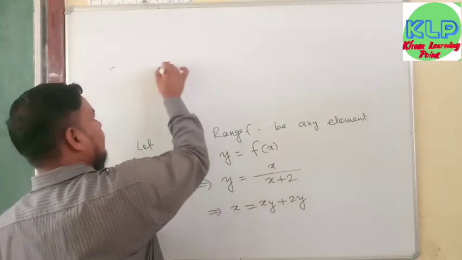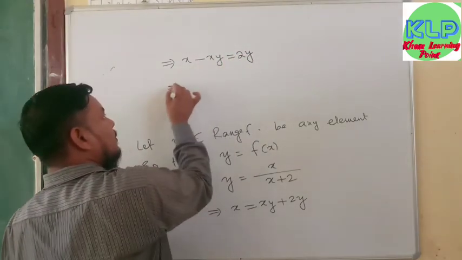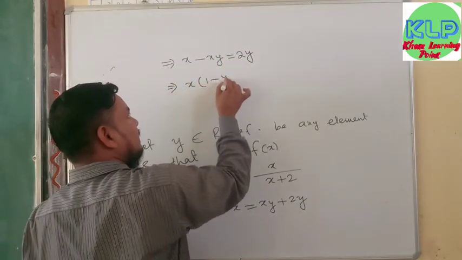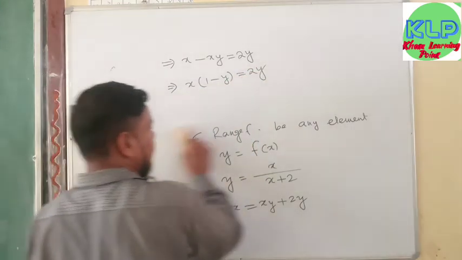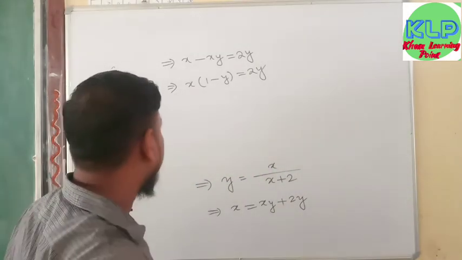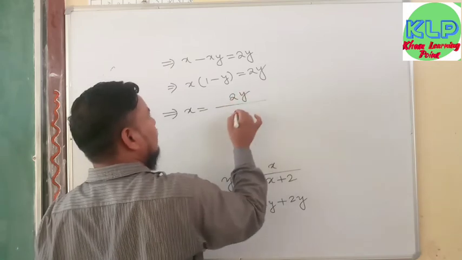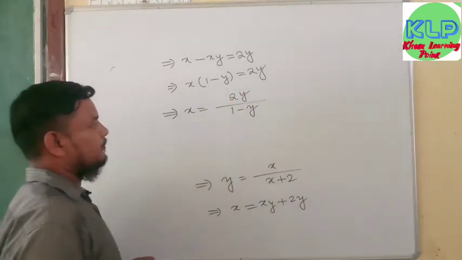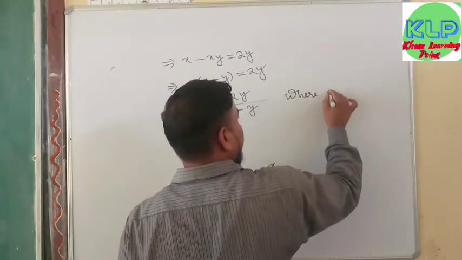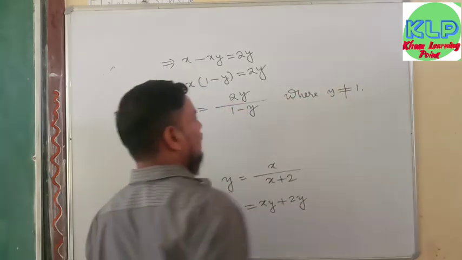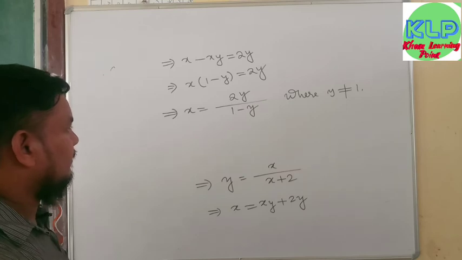So x minus xy is equal to 2y, common is x, x(1 minus y) is equal to 2y, hence the value of x is 2y by 1 minus y, where y is not equal to 1.